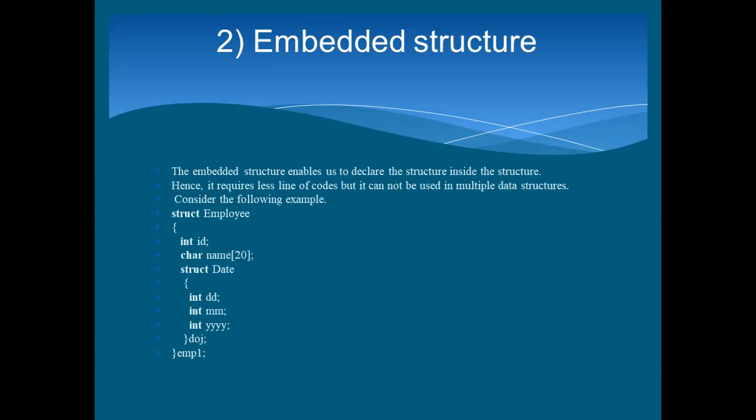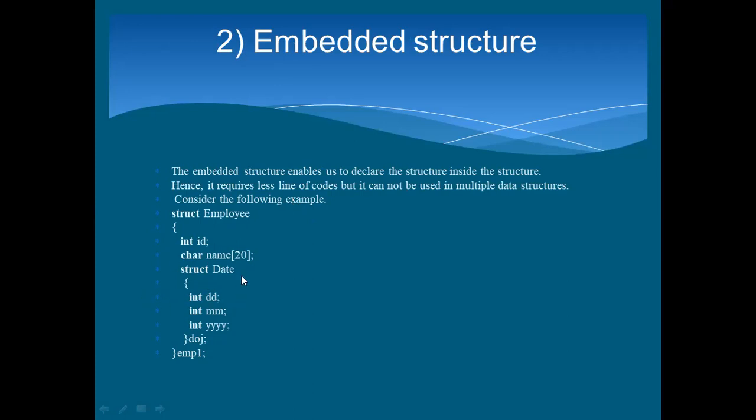So in this example, the employee has the employee ID, name, and his date of joining. Here we create a structure date within the employee. Suppose we want to create another structure student, and in that student structure we want to store the date of admission, then within that structure once again we have to write this code there itself.